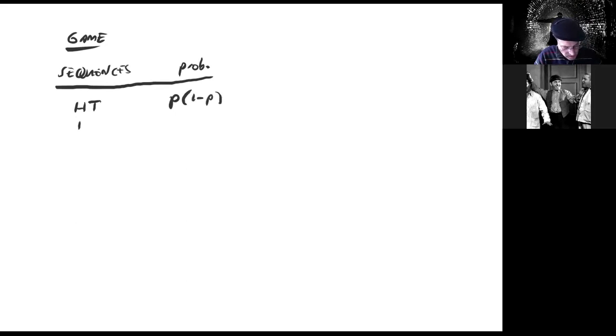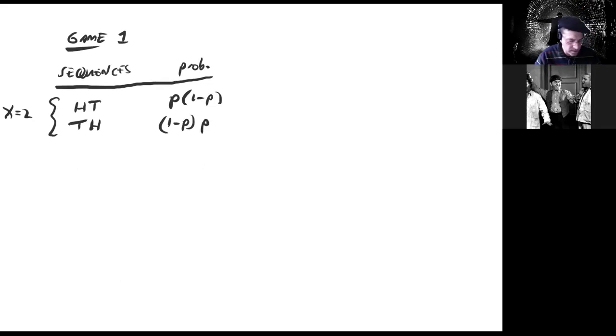Another possibility of playing this game is you first get a tails and then a heads. So this is game number 1 we're doing, right? So that would be 1 minus p times p. So this is the case where you flip twice, x equals 2.